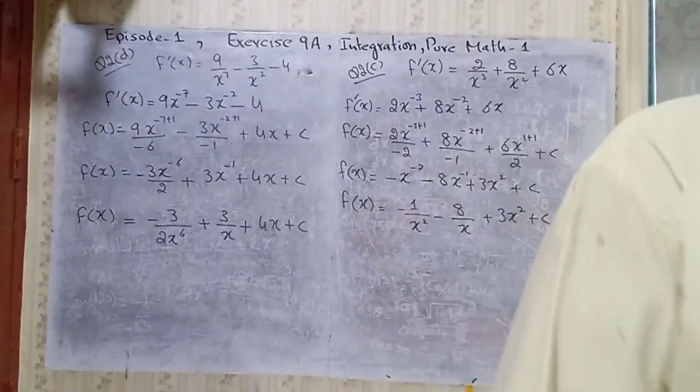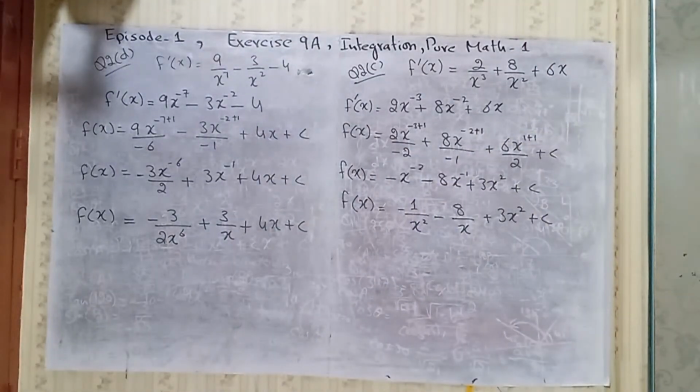So we think this is the answer, sir. Let's check. I hope we have not made any mistake. It is minus 3 divided by 2x raised to power 6. Then we have plus 3 by x. Then we have minus 4x plus c. So you see, oh yeah, that was negative.